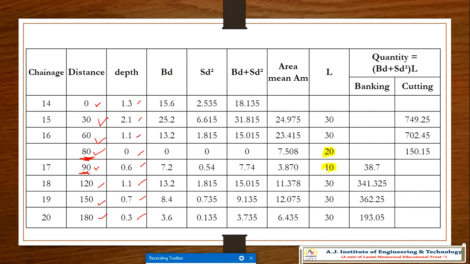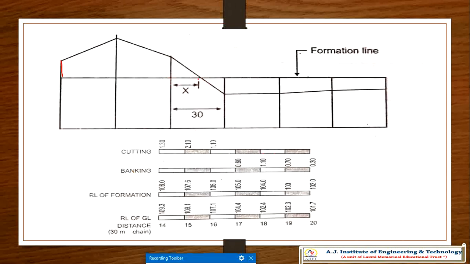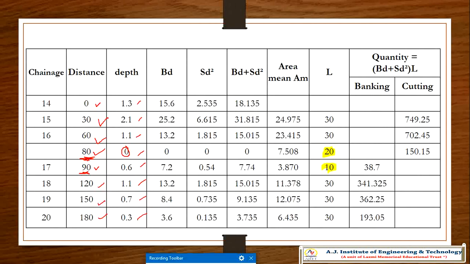At 80 we get 0, because it is meeting here. After 80 it will be 0. Till here it is 60, after that 80. Here 0, again 0 to 10, 10 to 30, and so on, with a 30 interval.